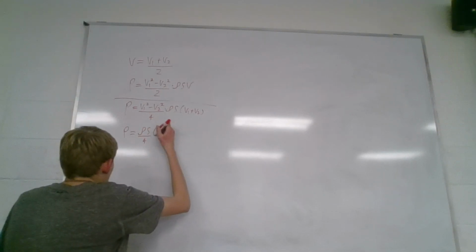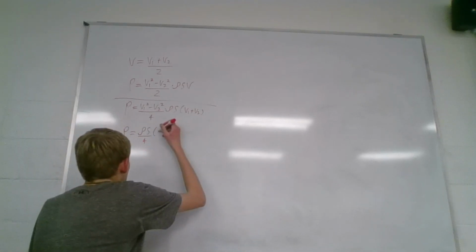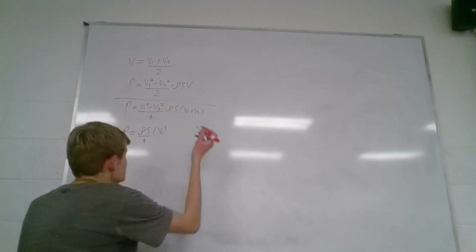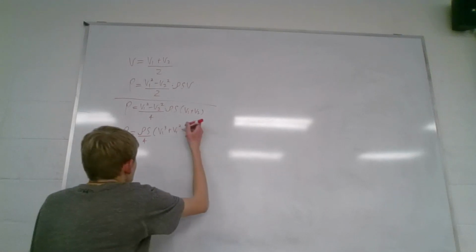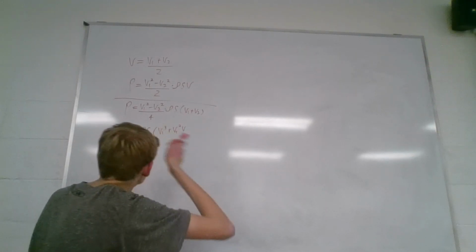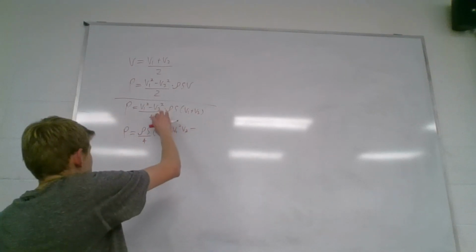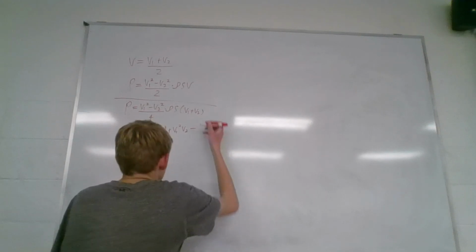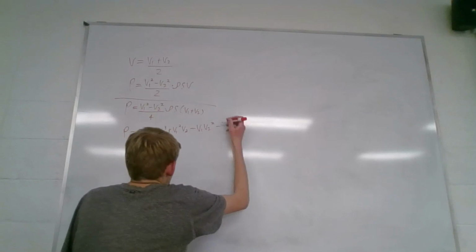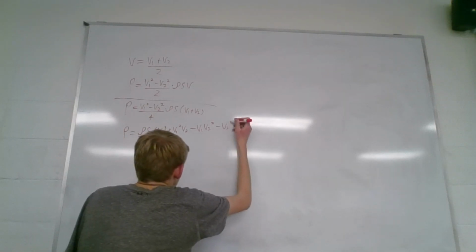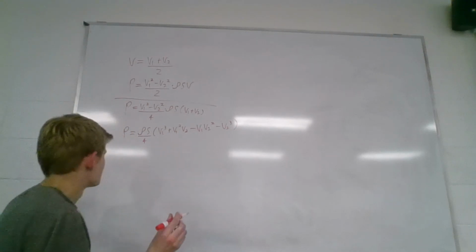And then we're going to have a very long equation: our velocity at 1 cubed plus our velocity squared at 1 times our velocity at 2, minus, and that's when we start multiplying our second portion, our velocity at 1 times our velocity at 2 squared, minus our velocity at 2 cubed. And this is going to be our equation.